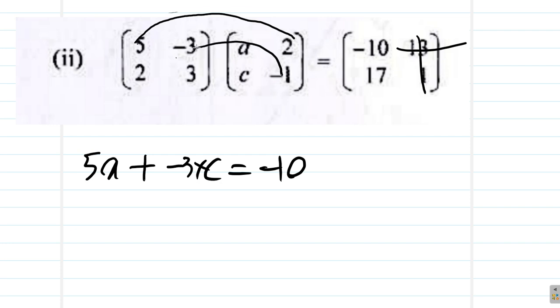So 5 2's 10 plus negative 3 by negative 1, which would be 3 1's 3. So 10 plus 3 is 13. So you get the 13 here, right? Alright, but you don't need that. You're going to need this one now. The C, you need to find out what the C is.